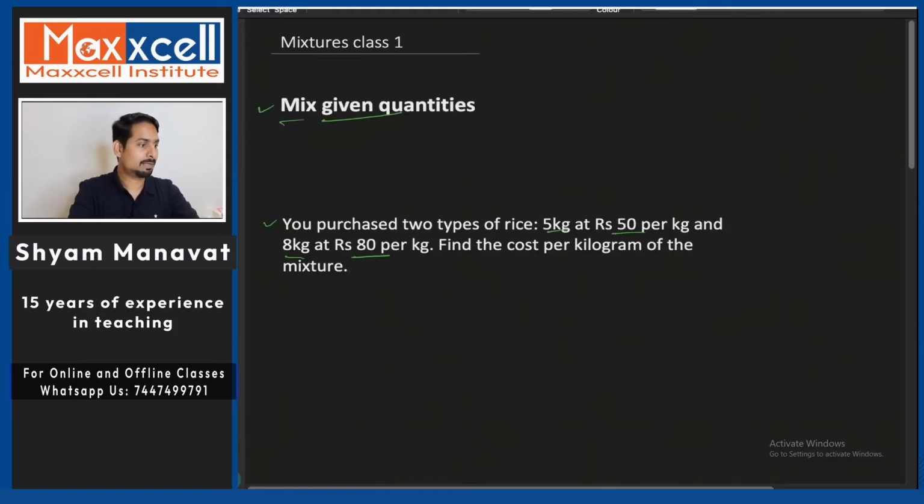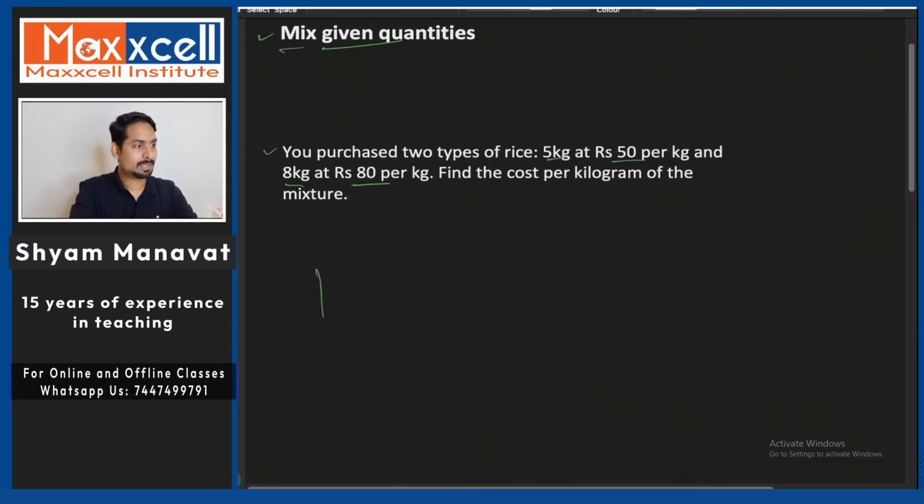You have two types of rice. Type A costs 50 rupees per kg and you are taking 5 kg of this. The second one, as the question said, is 80 rupees per kg and you got 8 kg of this.